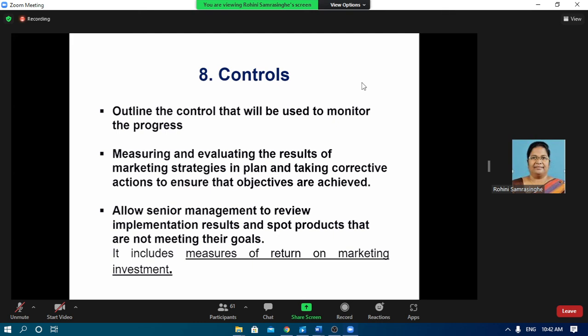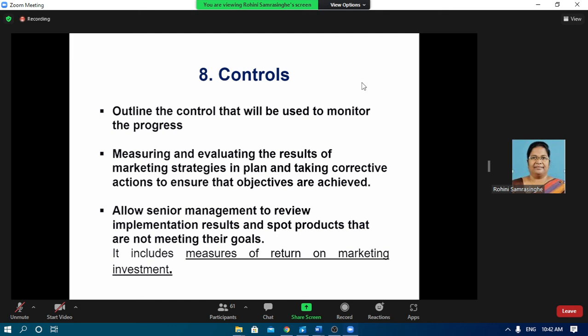If there are any differences between the written plan and the implementation plan, then you want to take corrective actions to ensure that the objectives can be achieved. If not, again you want to correct it very quickly, right?